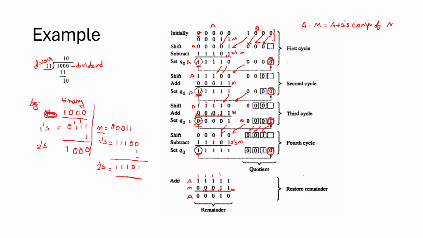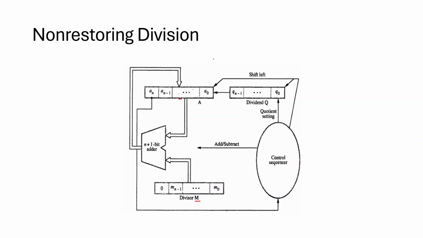Now go and see the circuit again. See here, first we check the sign bit of A. If the sign bit is 1, we need to perform the add operation. So depending on this bit, the control sequencer gives the add signal here.